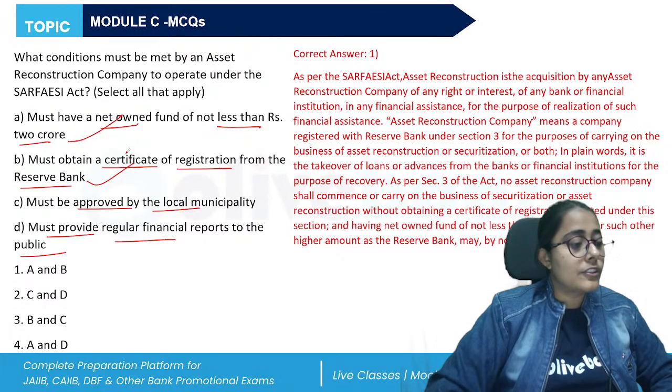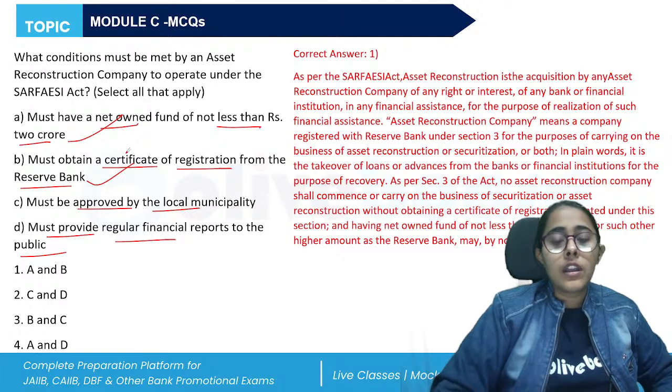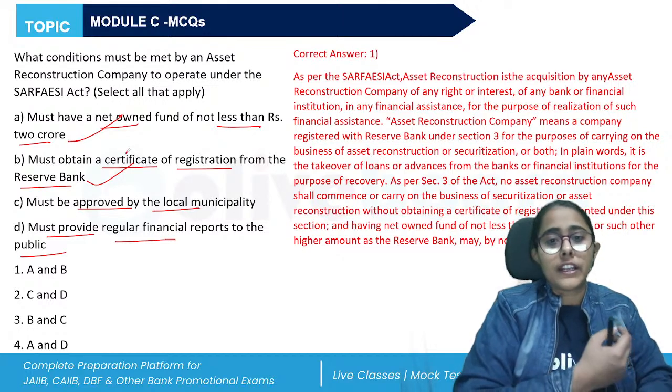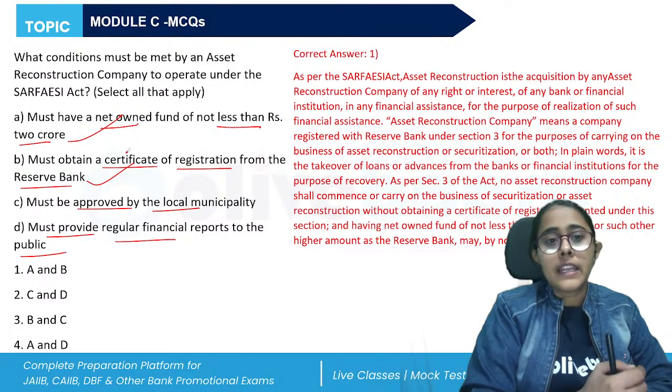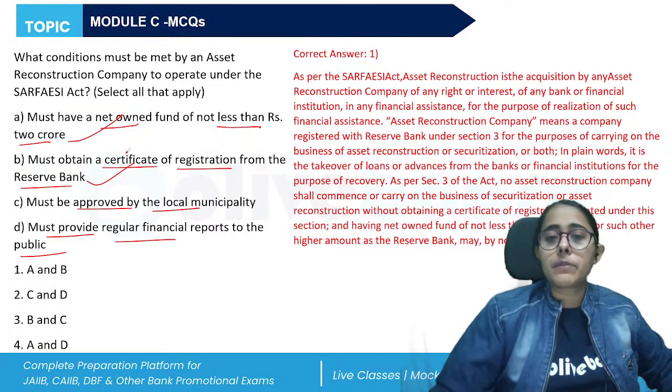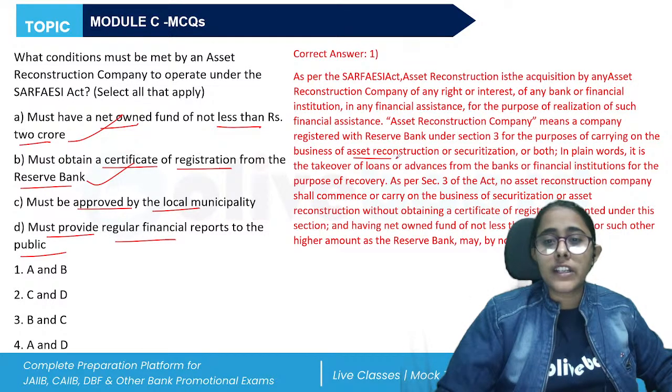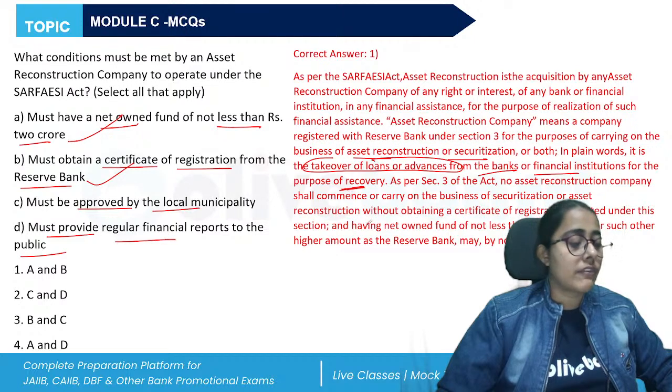So ARC is going to do what? They are going to acquire the security or the asset for the purpose of realization or securitization. So it is a company that is registered with RBI under section 3 for the purpose of carrying out the business of asset reconstruction or securitization, the takeover of loans or advances from the banks or financial institutions for the purpose of recovery.